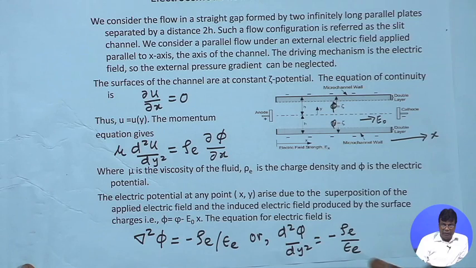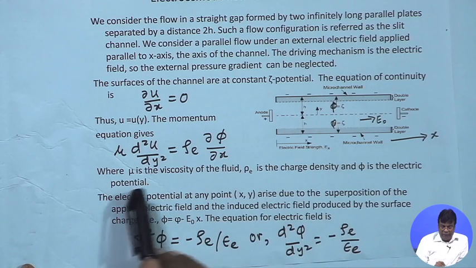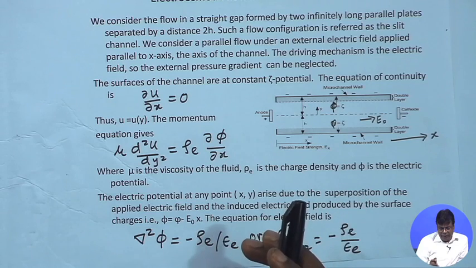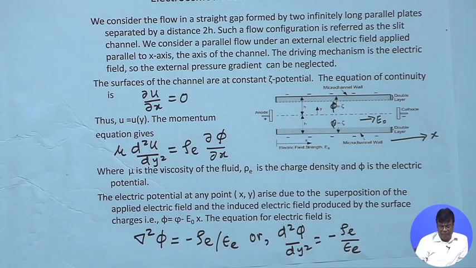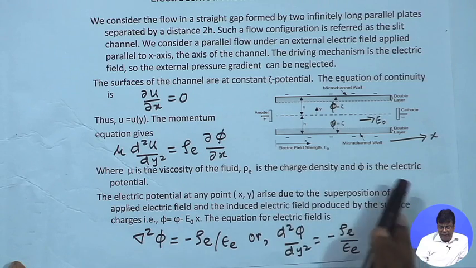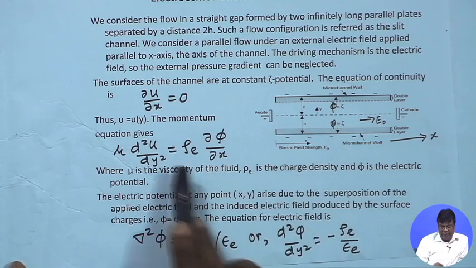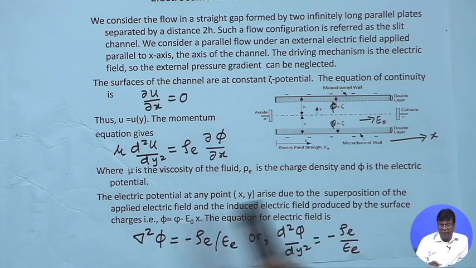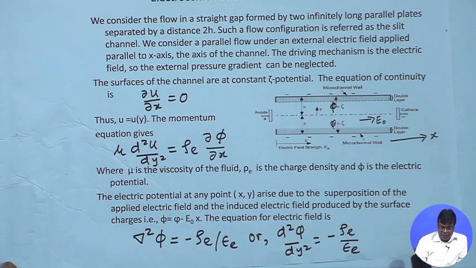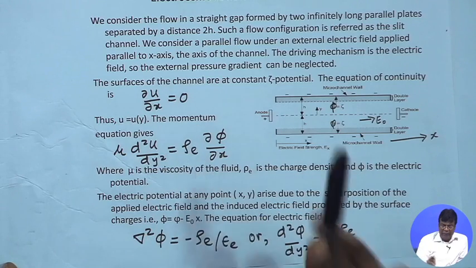Okay. So, in the momentum equation, the pressure term is dropped, because here there was no external pressure gradient. So, del p del x we have taken as 0 because no external pressure gradient is imposed. The only driving mechanism for the flow is the electric field.